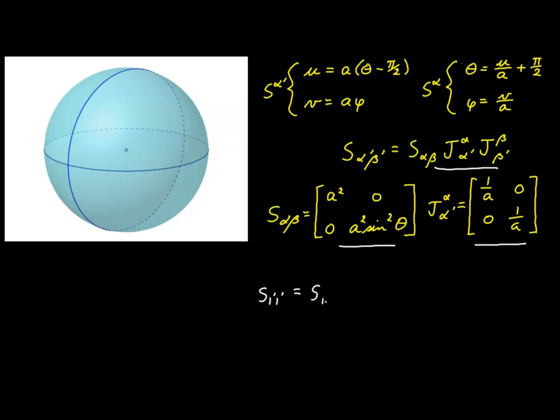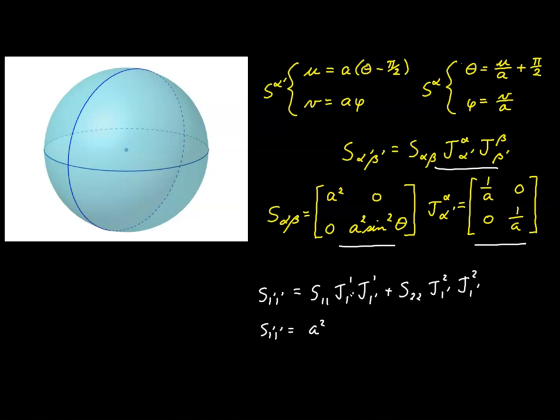So we'll have S11 times J1 1', J1 1', plus S22 times J2 1', J2 1'. Again, we can skip S12 and S21 because there's 0 right here. All right, let's plug in the actual values. S1' 1' will equal a squared times J1 1'.